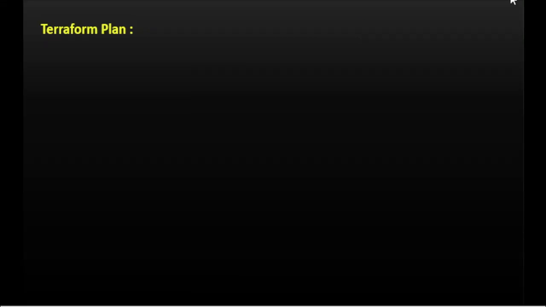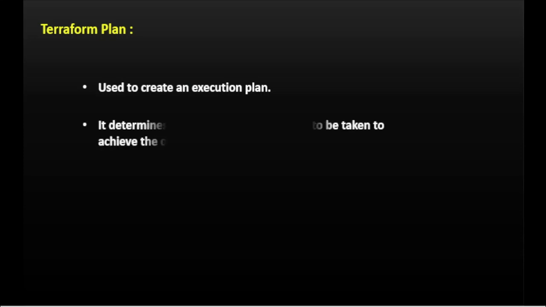So now after running the terraform init command, we should always run the terraform plan command. This terraform plan command is used to create an execution plan. It will analyze the configuration files in your Terraform project, and it will determine what actions actually need to be taken to achieve the desired infrastructure state.